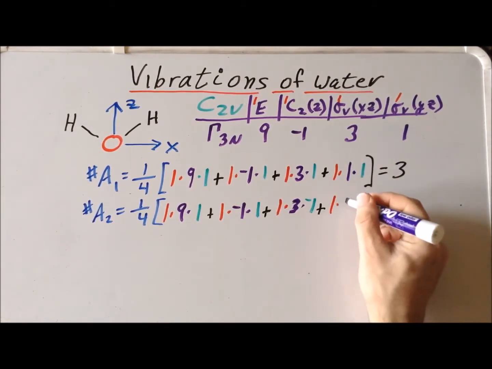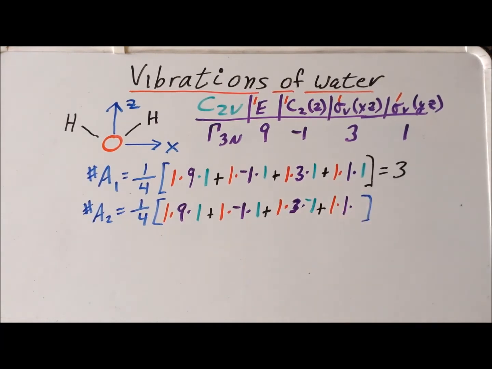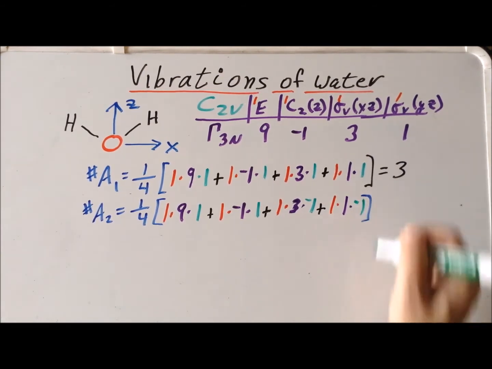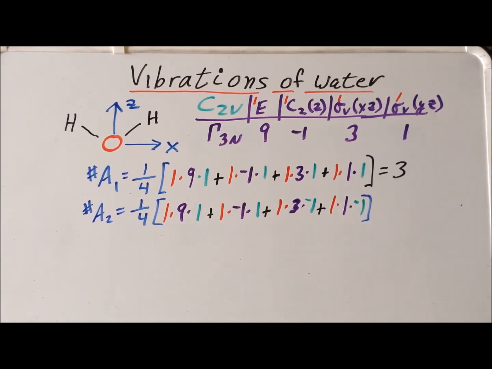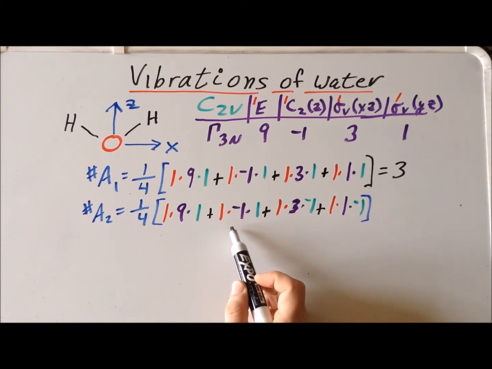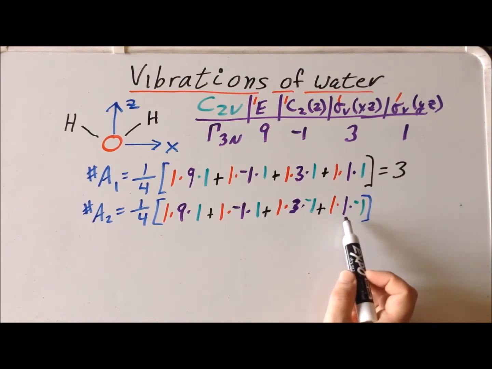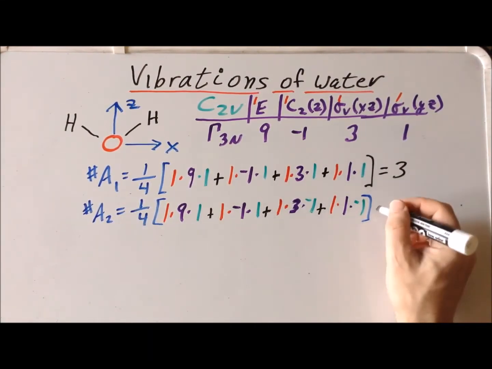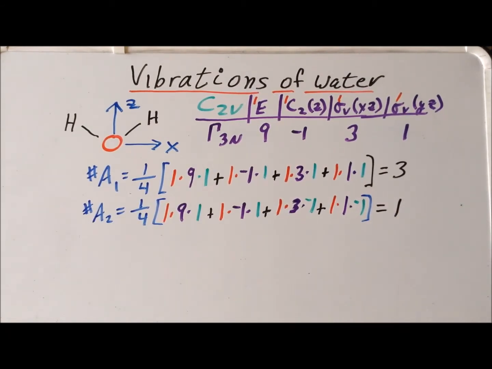The character from the reducible representation is a 1. And then the character from the character table for the irreducible representation is a -1. So now for A2, we see that we have 9 -1 -3 -1. So that gives us 4, so 1/4 of 4 is equal to 1. So we see that there is one A2 irreducible representation that is stored inside of gamma 3N.